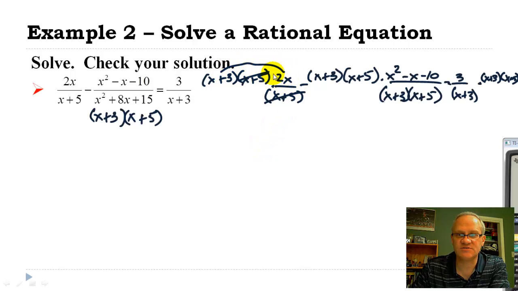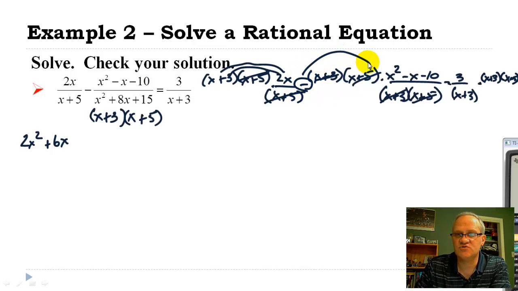Distribute this 2x. Okay, so that's going to be 2x squared plus 6x. Here, x plus 3 can cancel the x plus 3, x plus 5 can cancel the x plus 5. Notice we still have this negative right here, so we have to distribute that negative through this trinomial.